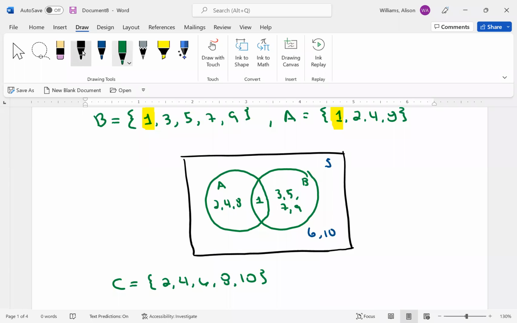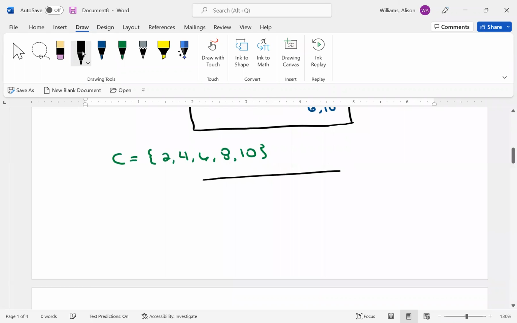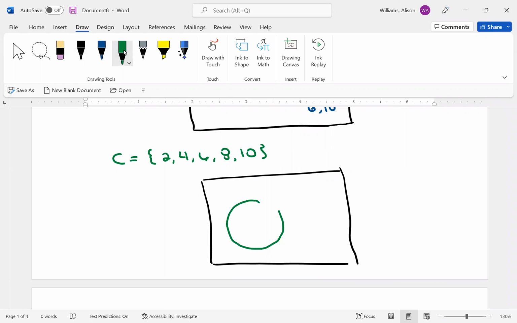So if I wanted to draw a Venn diagram of that, I wouldn't want them to have an overlap because they don't have anything in common. So this would be B, this would be C, and then in B we have all of the odd numbers, 1, 3, 5, 7, 9. C is going to have the even numbers, 2, 4, 6, 8, 10.